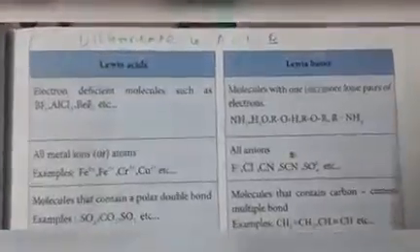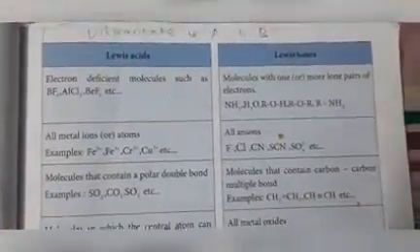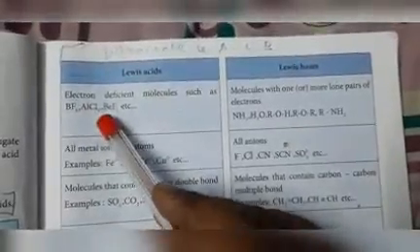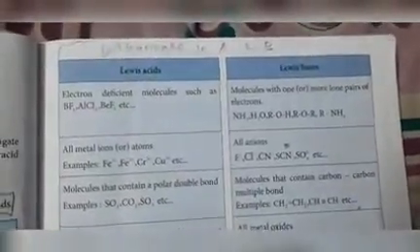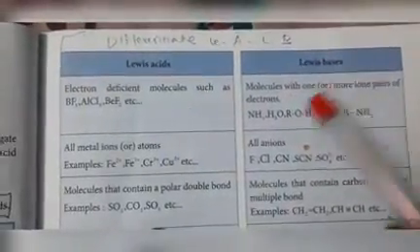Next question: differentiate Lewis acid and Lewis base. Already we know a Lewis acid is an electron deficient molecule. Examples given: BF3, AlCl3, beryllium fluoride, like that. A Lewis base contains one or more lone pairs.